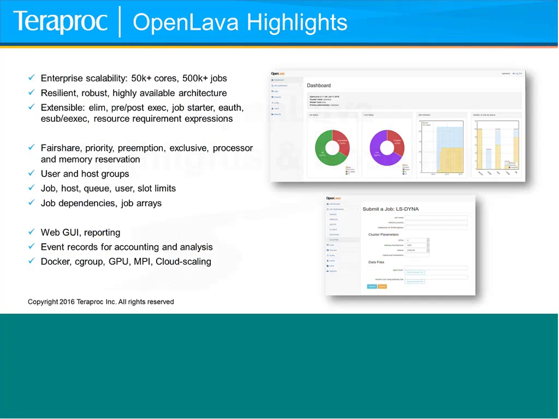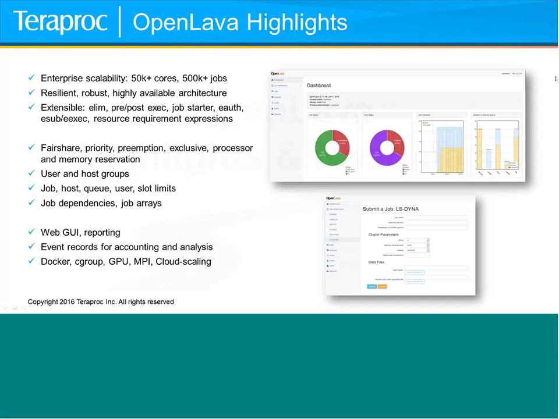So first I'm going to give you an overview, looking at the forest before you go to the trees, to give you a sense that in terms of functionality, OpenLava has really gone a long way since we took it from the original Platform Lava. The original Platform Lava was more of a single-user type of cluster queuing system, and some of the additional enhancements we put in really allow it to run in an enterprise fashion.